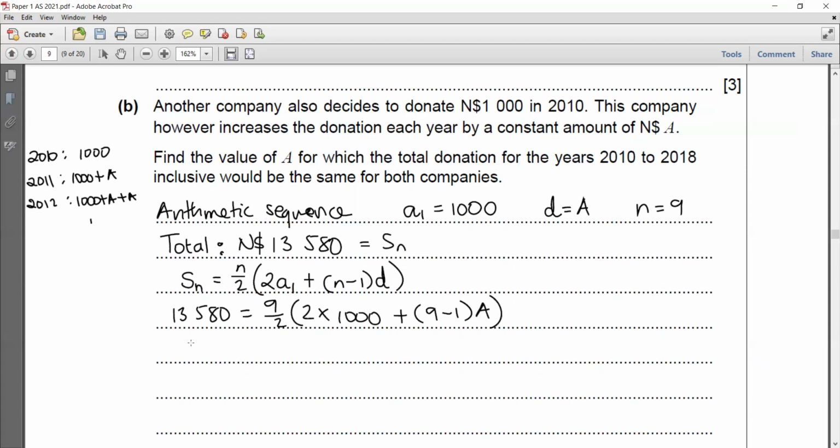So we can multiply by 2 and divide by 9 on both sides. So we have 13,580 times 2 divided by 9. This gives us 2 times 1,000. This is 2,000. 9 minus 1 is 8. So this is 8A.